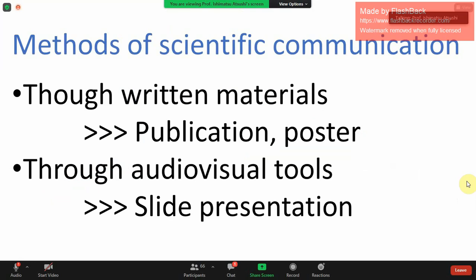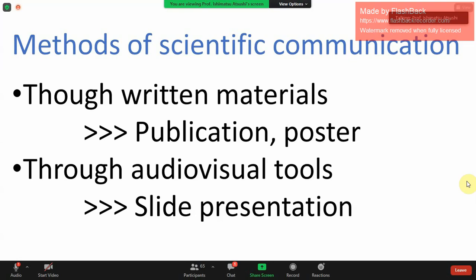There are two major methods of scientific communication. One is through written materials, right? And under this, publication is the most important way and most important outcome of our activities, so that every scientist spends much time to write a good scientific paper for publication.